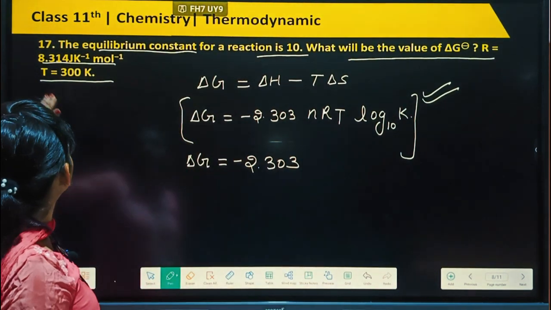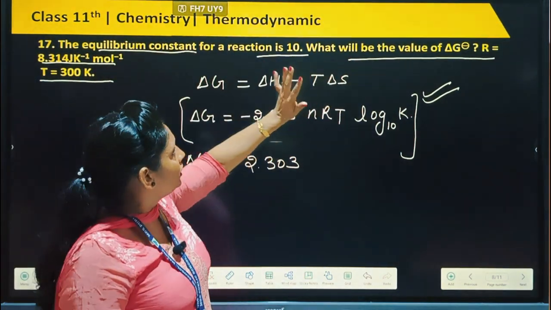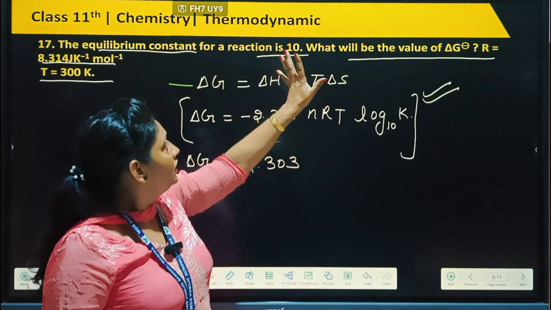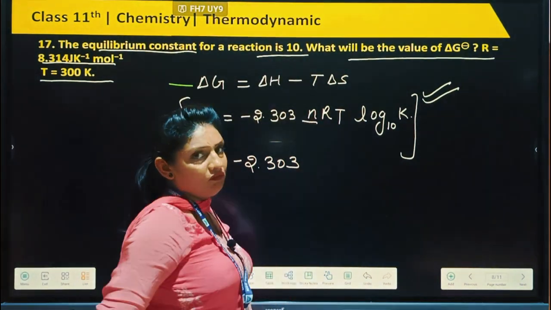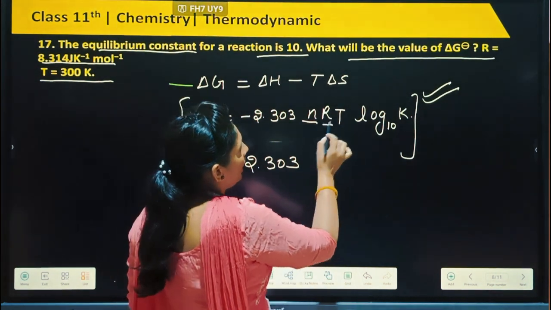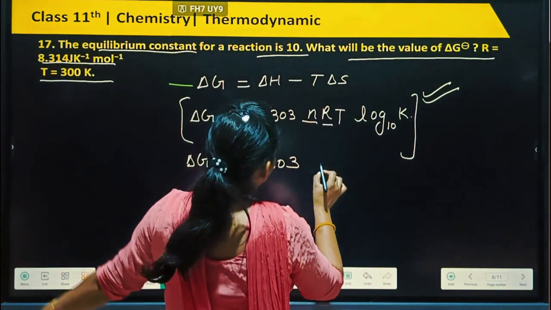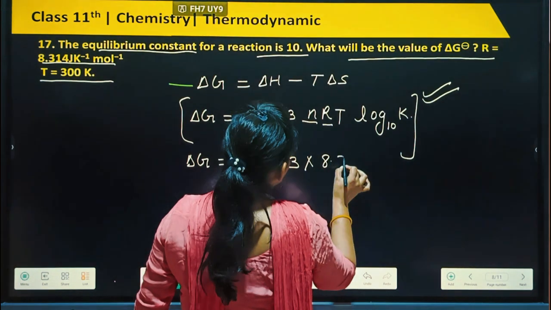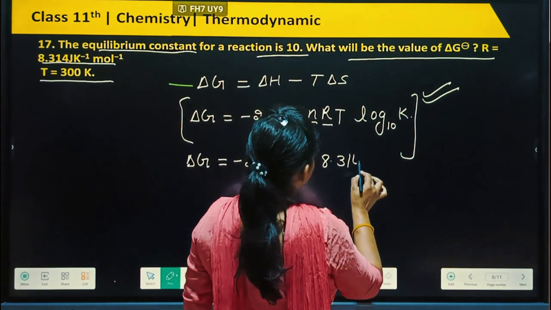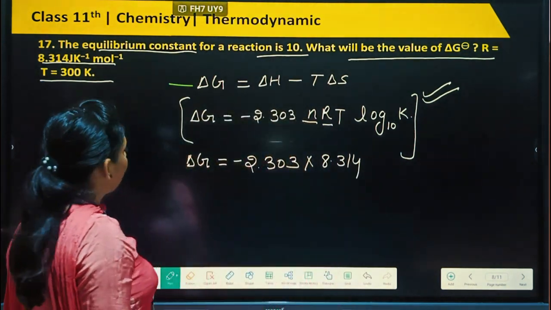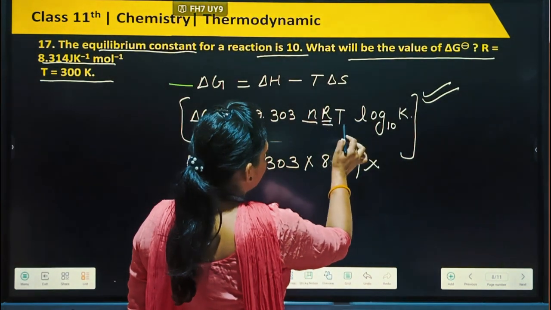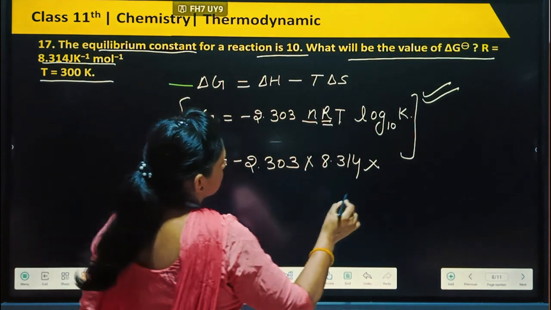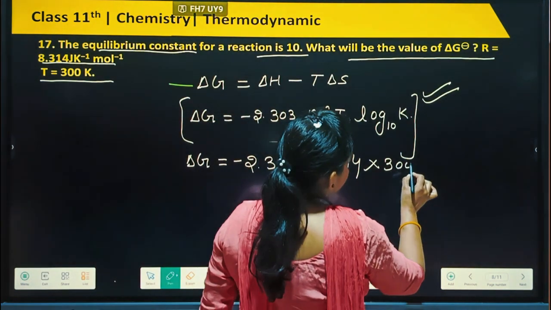Here the number of moles is not given and no equation is given, so n is 1, we will take. R is 8.314 joule per Kelvin per mole, into T. T is also given, this is 300 Kelvin.